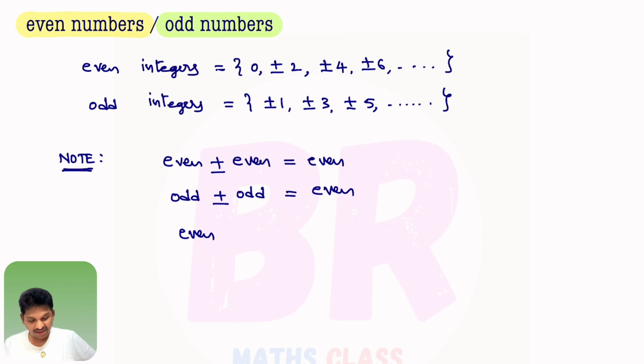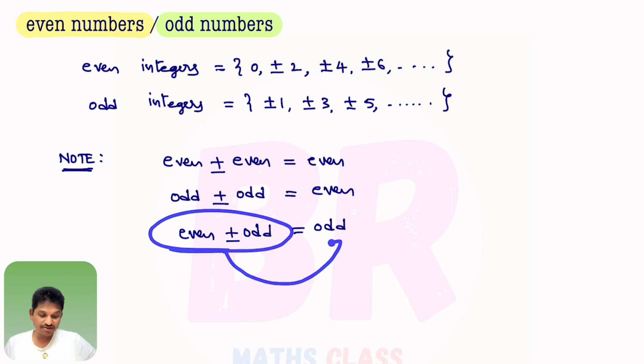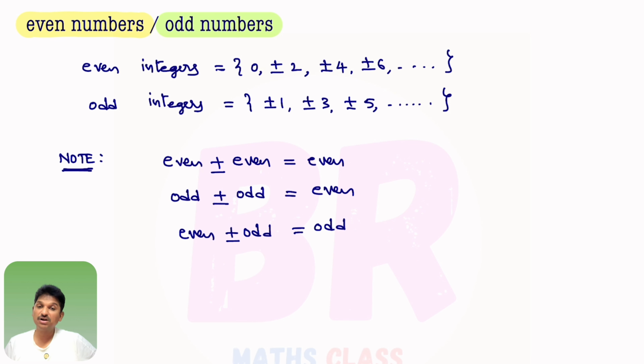You take one even number and one odd number and add them. 4 plus 3 is 7. Odd, right? If you add or subtract one even number and one odd number, then you will get an odd number only. The same thing we'll check in multiplication.